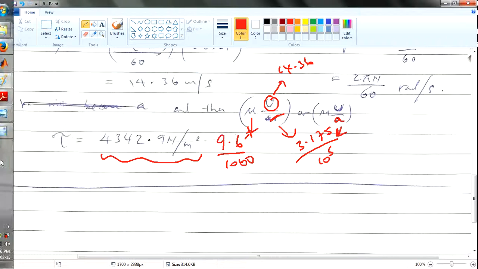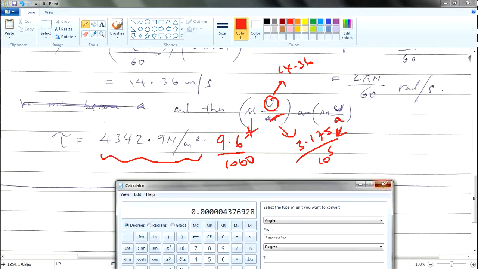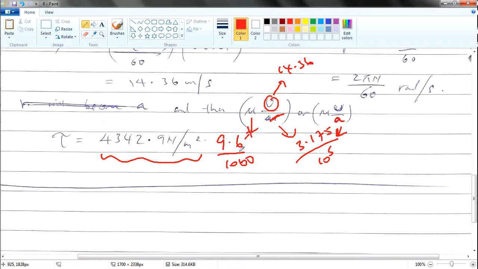Google is a much better calculator than this one over here.